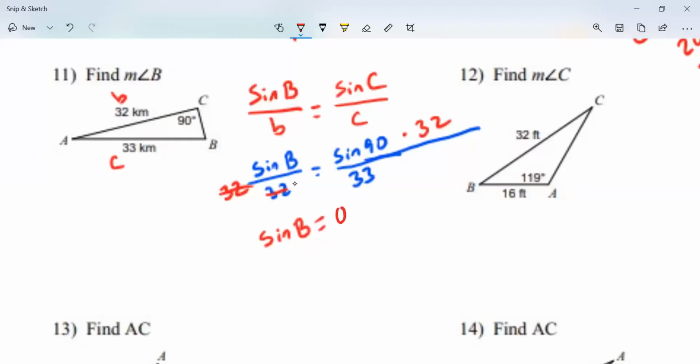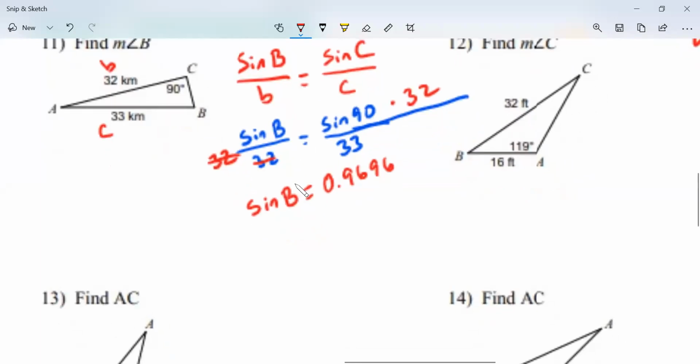Okay, for right now, let me just write here 0.9696. I know the instructions say round your answers to the nearest tenth. I'm not quite done yet, so I'm gonna use 4 decimal places. I'm gonna round the answer, but I'm not quite done yet. I know we learned on Monday how to solve for an angle.